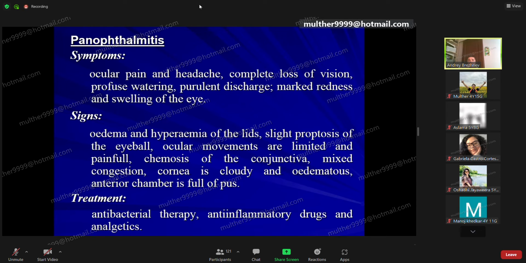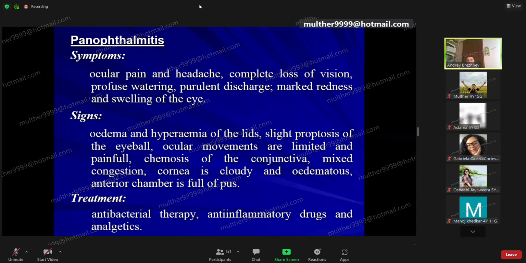Treatment: intensive antibacterial therapy, broad-spectrum antibiotics, anti-inflammatory drugs, and analgesics to relieve pain. Evisceration should be performed to avoid the risk of intracranial dissemination of infection. The difference between evisceration and enucleation: in case of enucleation, we remove the whole eyeball.